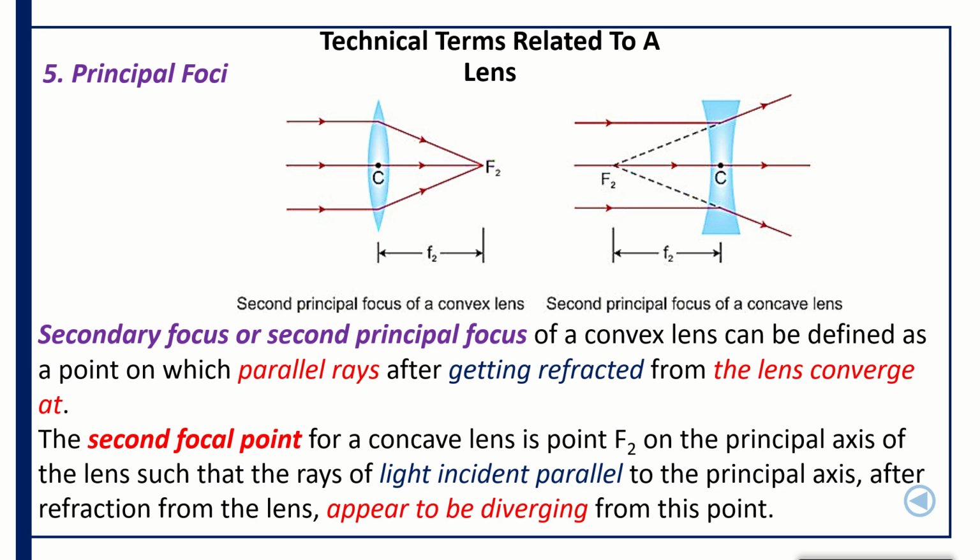So the secondary focal point for a concave lens is the point F2 on the principal axis of the lens such that rays of light incident parallel to the principal axis, after refraction from the lens, appear to be diverging from this point. Which point? The second focal point of the concave lens.